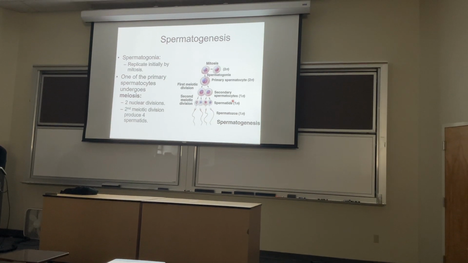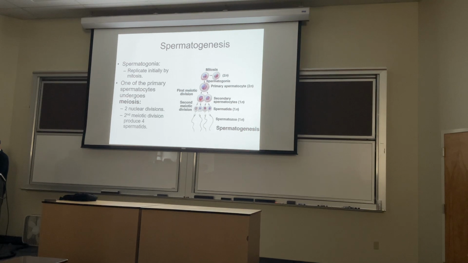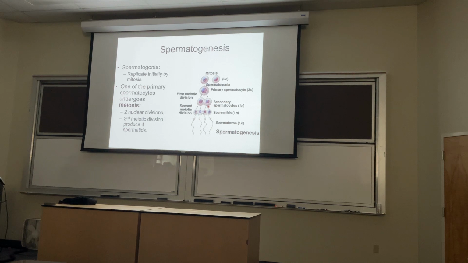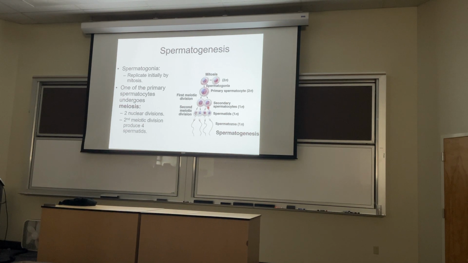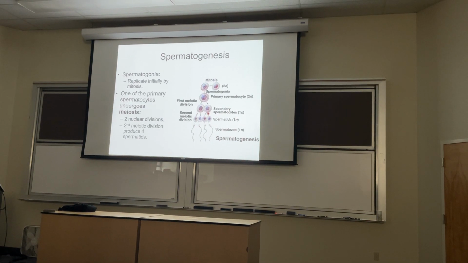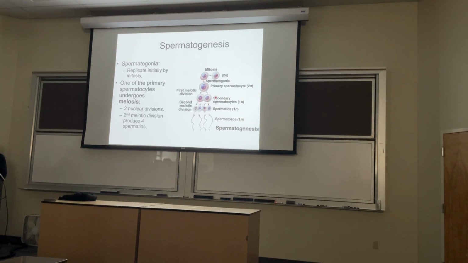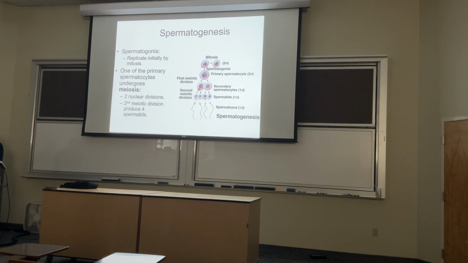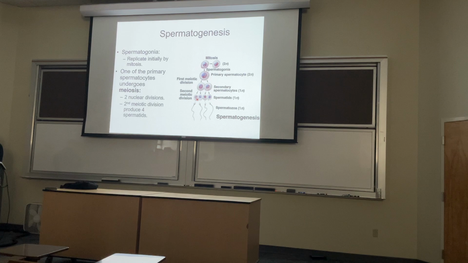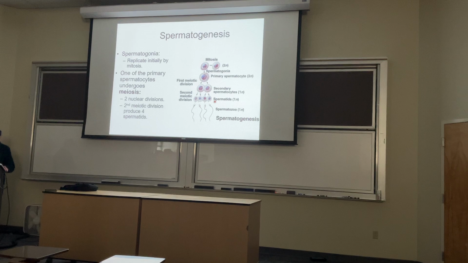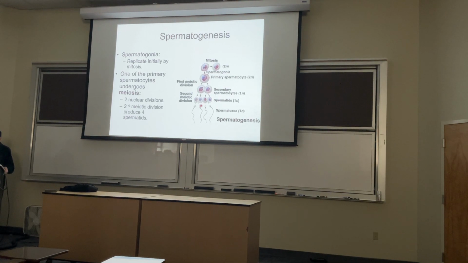But we need to remember that although there are 23 chromosomes in each daughter cell, they still have double-stranded chromosomes. So there are 23 double-stranded chromosomes in each secondary spermatocyte. Each secondary spermatocyte then divides into 2 additional daughter cells, resulting in 4 compared to your primary spermatocyte.